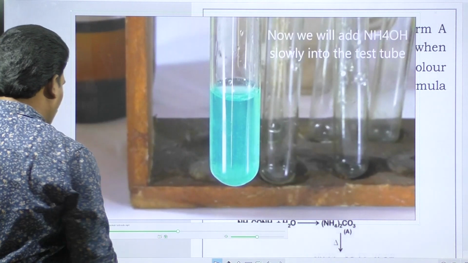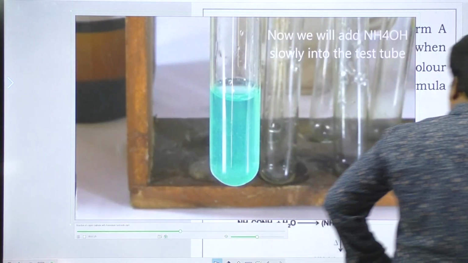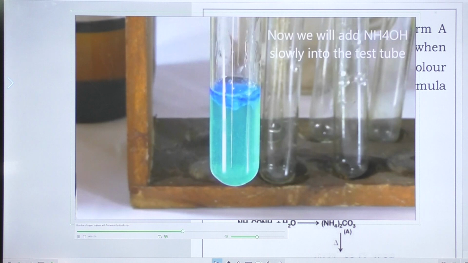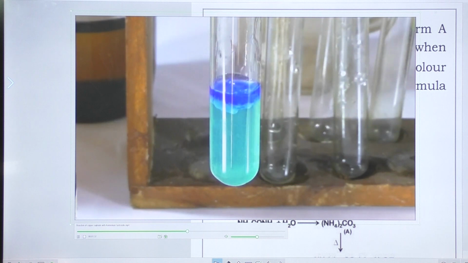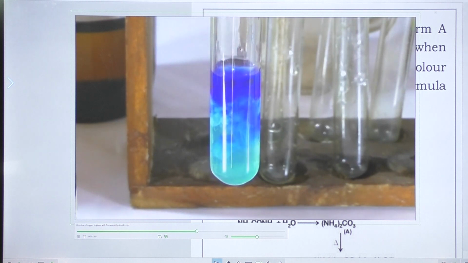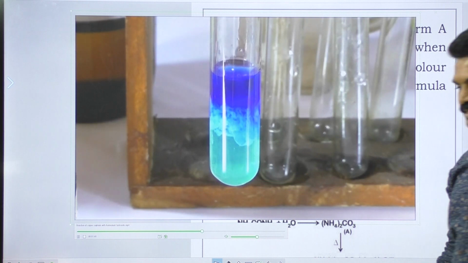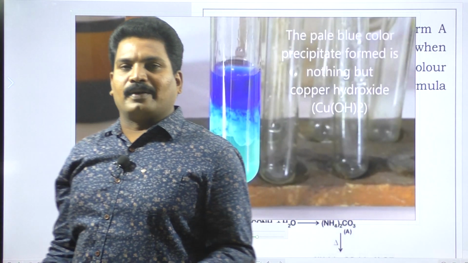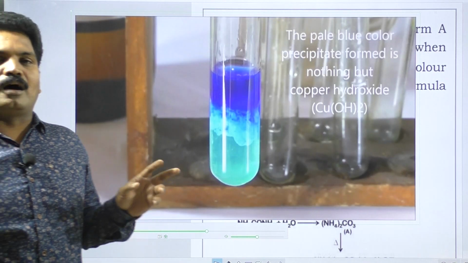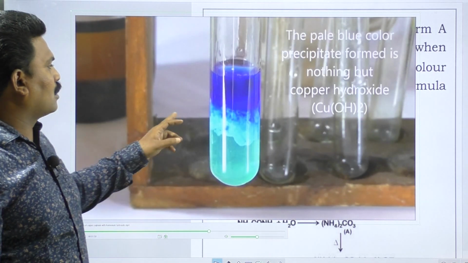The ammonia gas is passed into light blue color aqueous solution. It changes to deep blue color. That means formation of the complex tetraamine copper 2 complex.